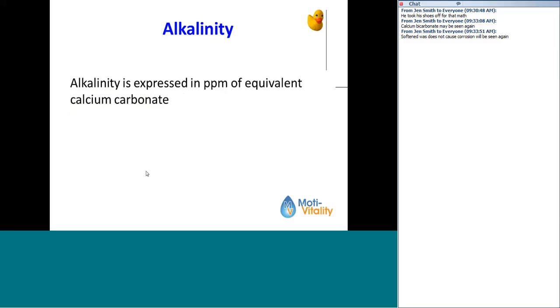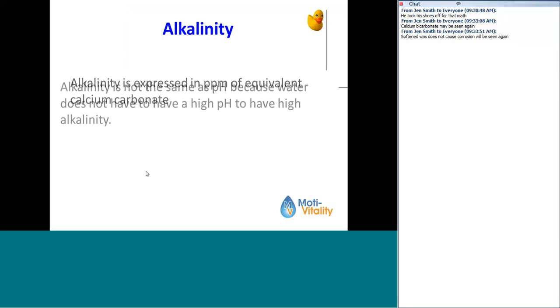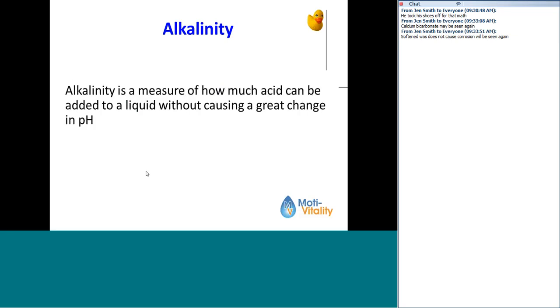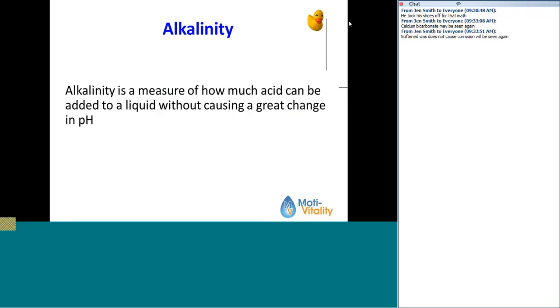Alkalinity is expressed in parts per million of equivalent calcium carbonate. Alkalinity is not the same as pH because water doesn't have to have a high pH to have a high alkalinity. Alkalinity is a measure of how much acid can be added to a liquid without causing a great change in the pH.